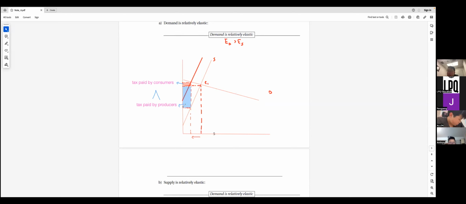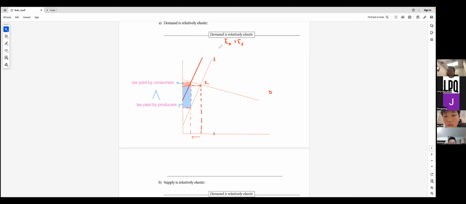So we can get a conclusion: who cares more about tax change? Who pays the smaller tax burden? By contrast, if you don't care about price change, if you don't care about the taxes added by government, you aren't sensitive about that, you will pay a bigger proportion of the total tax burden.